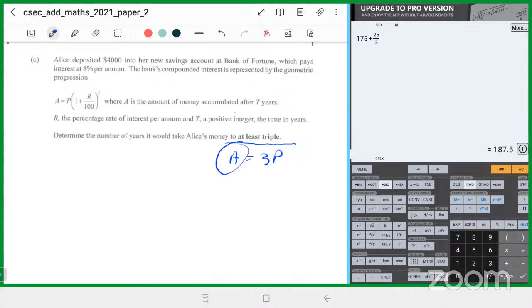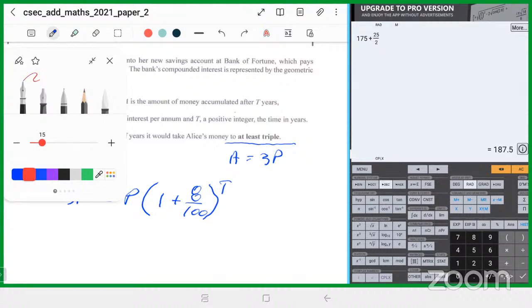All right, so let's plug those values now into this formula up here. So it means that A is 3P. So the amount accumulated is 3 times the amount that was originally put in. This is equal to the amount put in, P, times 1 plus R, which is 8 over 100, raised to the power T that you're trying to find.